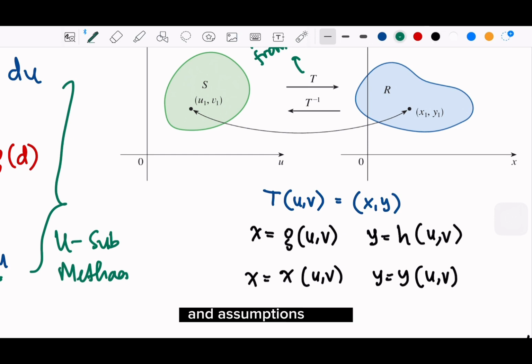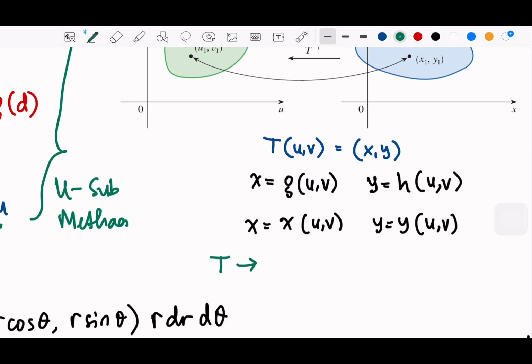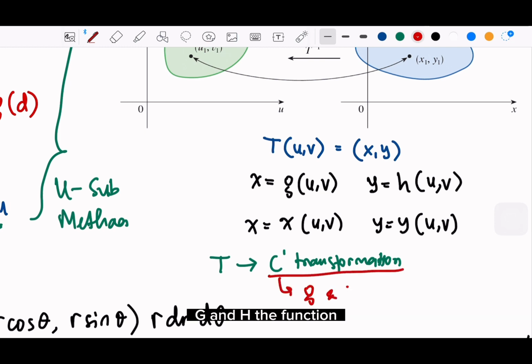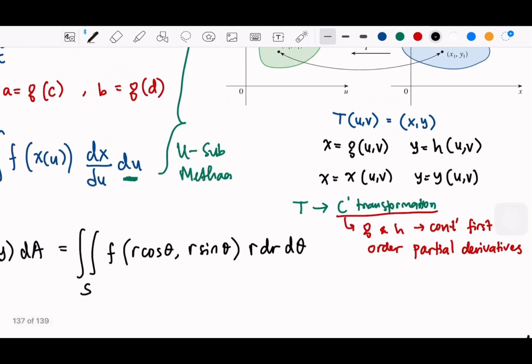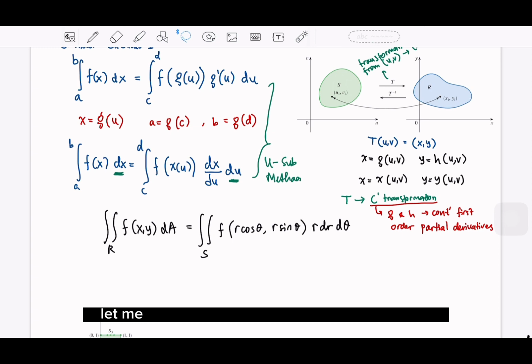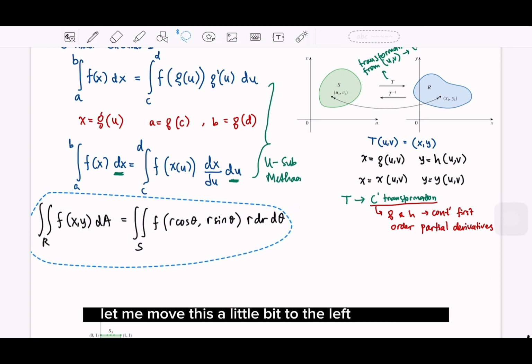And the assumption is that T is a C1 transformation, or we can say that G and H, the functions, have continuous first order partial derivatives. Let me move this a little bit to the left.